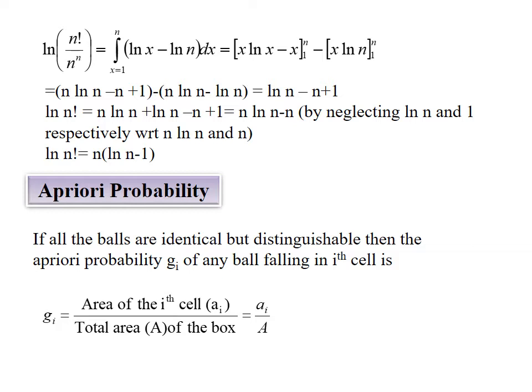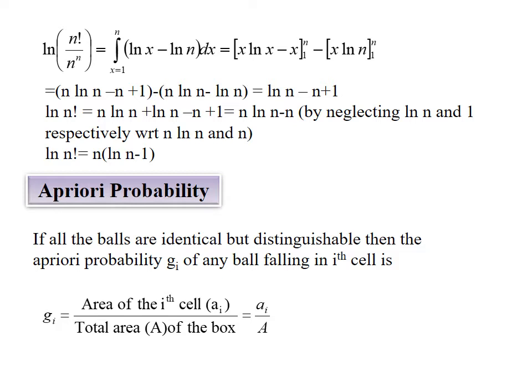This integration is done by making use of the integration by parts method and by applying the limits. So we get the expression ln n minus n plus 1. Again, the function ln n factorial divided by n to the power of n is of the form log a by b, which can be written as log a minus log b.